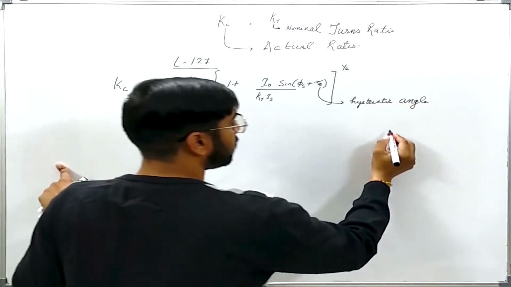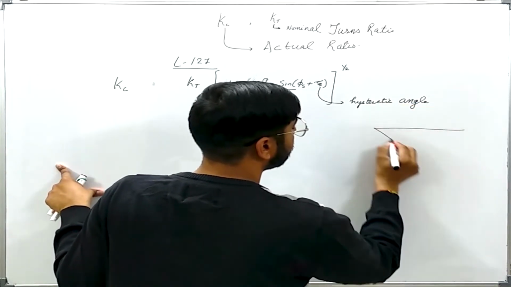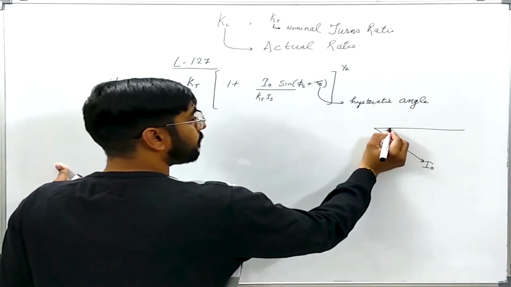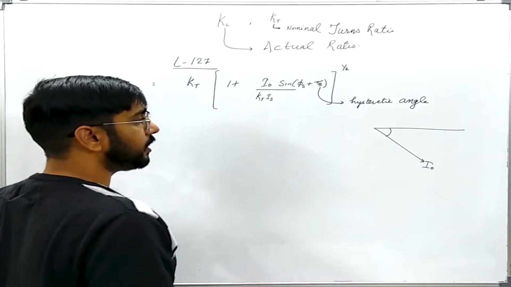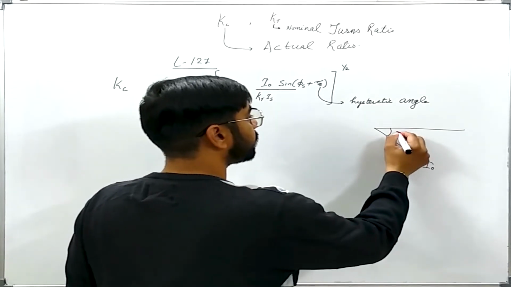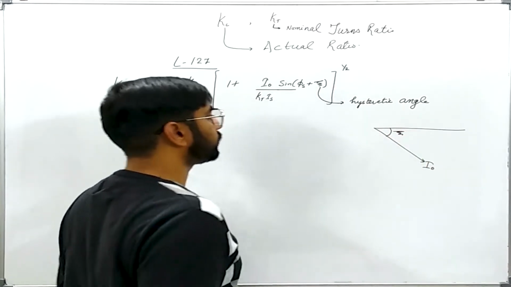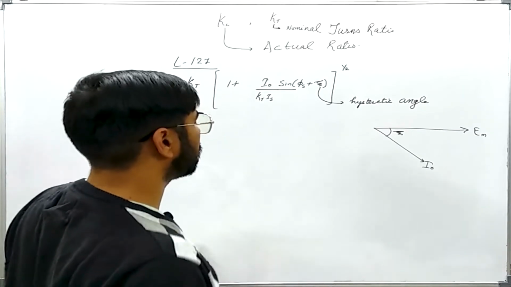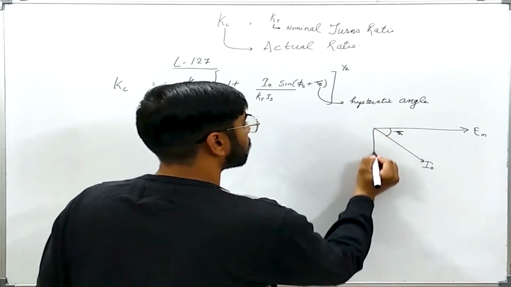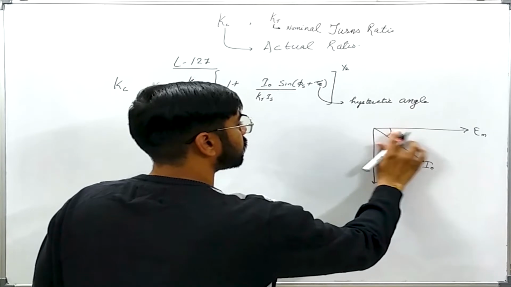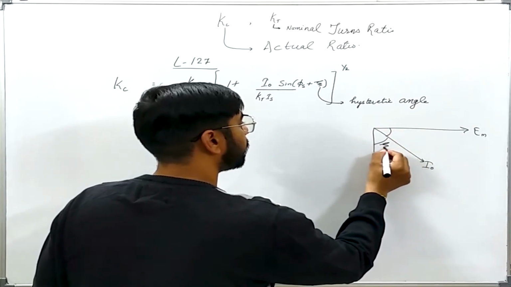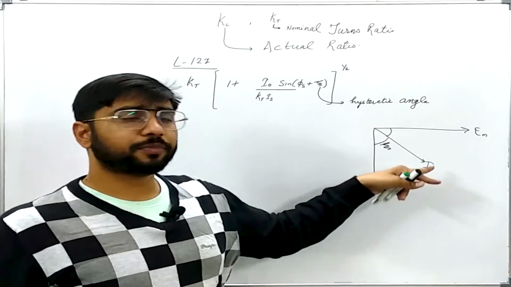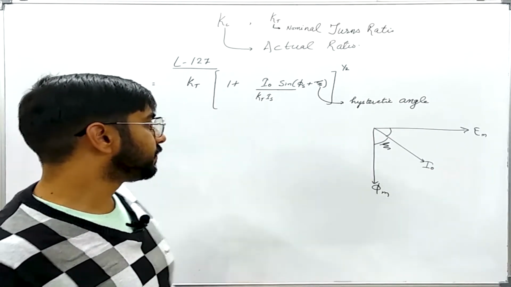That is the angle of the I naught, the no load current with the induced EMF. This was zeta, the angle between the no load component of the current and the flux.